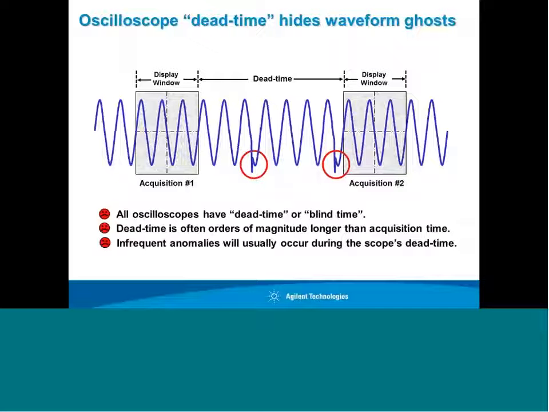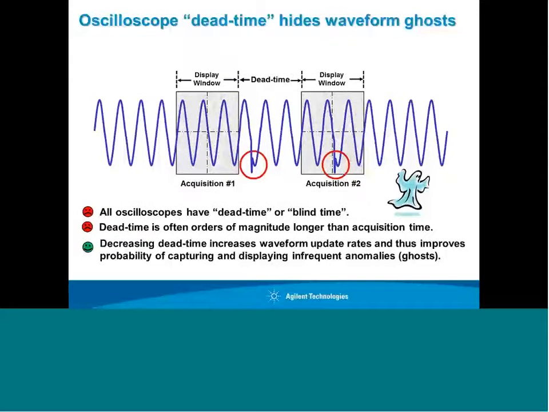And this particular graphic is actually a pretty extreme exaggeration of dead time. Dead times can actually be orders of magnitude longer than the oscilloscope display time. So if you have something very random or infrequent, it's more likely to occur during the scope's dead time or processing time as opposed to during the scope's acquisition time.